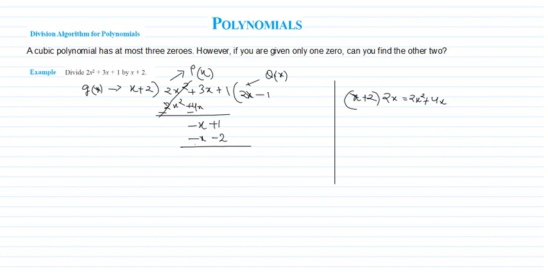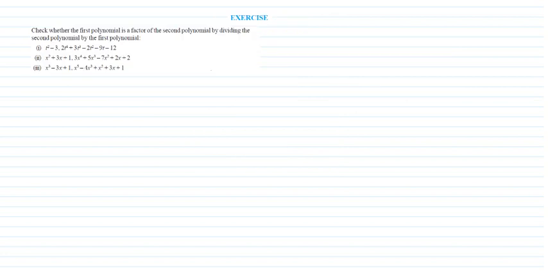So the first one we have is t square minus 3. Here we have 2t to the power 4 plus 3t cube minus 2t square minus 9t minus 12.